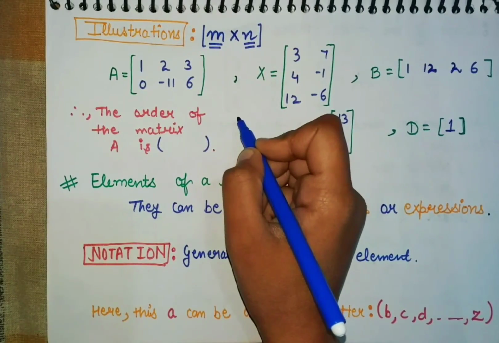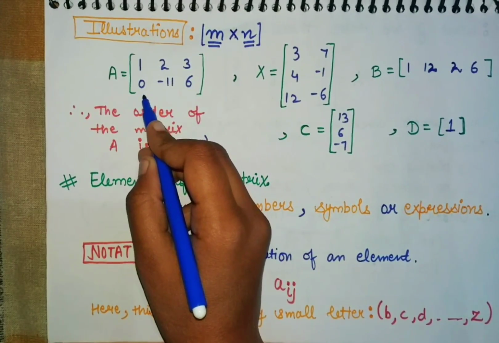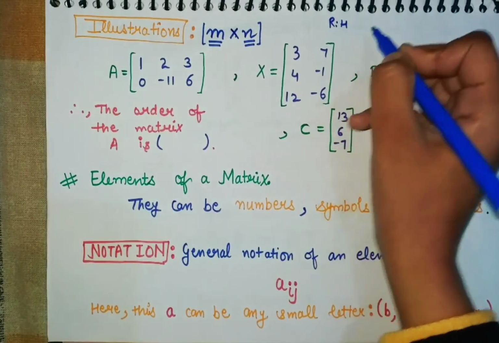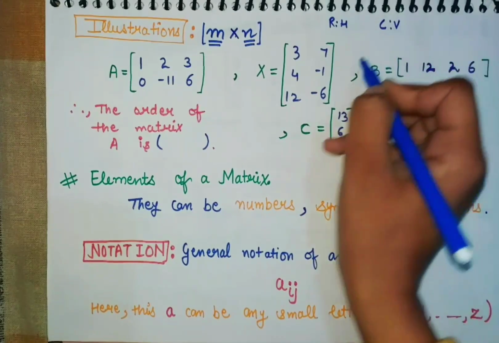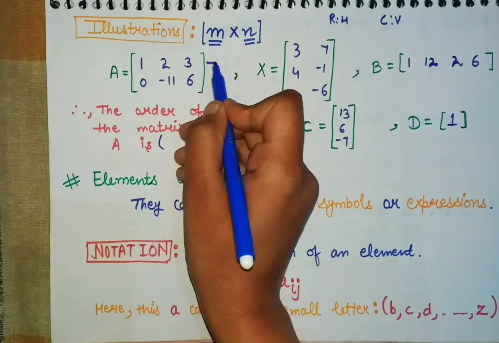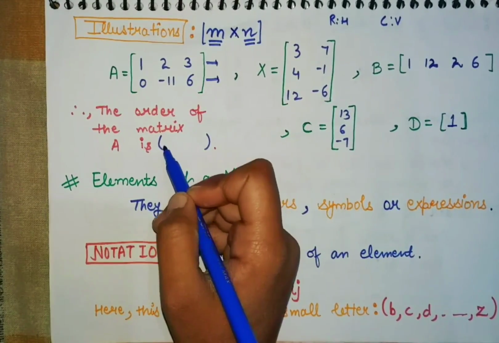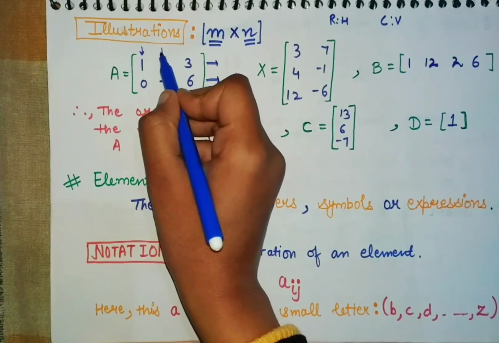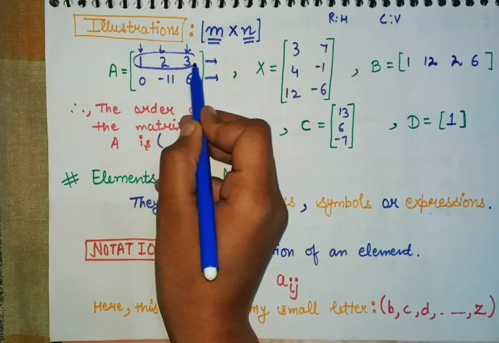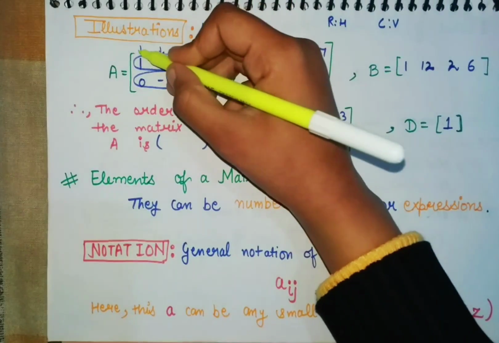Now, what you have to do is to count the number of rows in the matrix. As we know, rows are horizontal and columns are vertical. So here we have two rows and three columns.